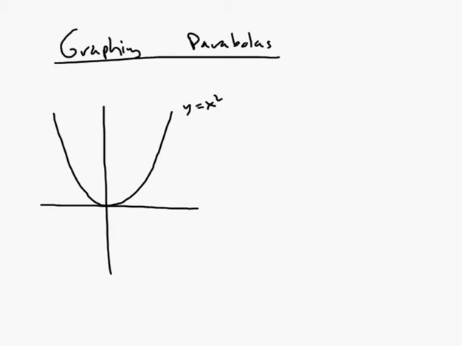Maybe it's been turned upside down, reflected, and then maybe shrunk or stretched. So maybe it's made wider or maybe it's made narrower, so it climbs more quickly. But every parabola you ever look at is really just this one moved.